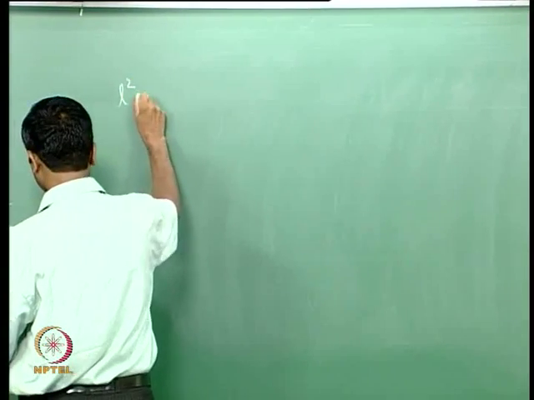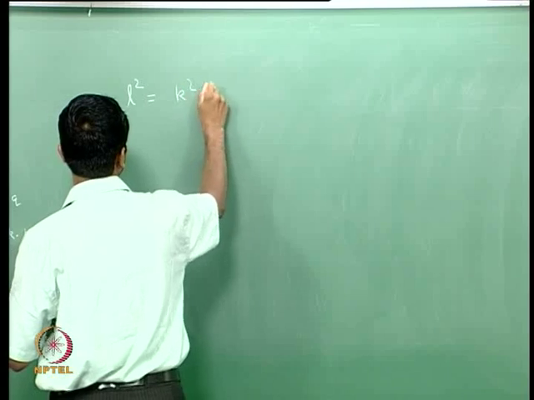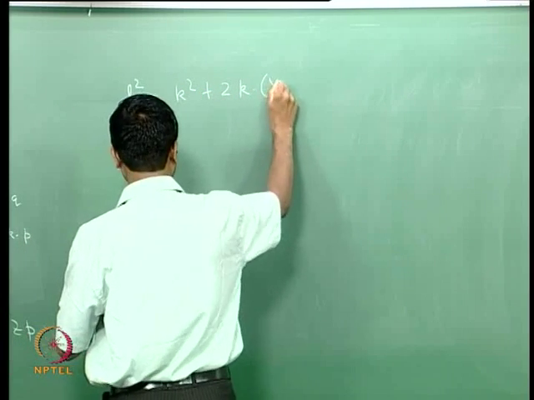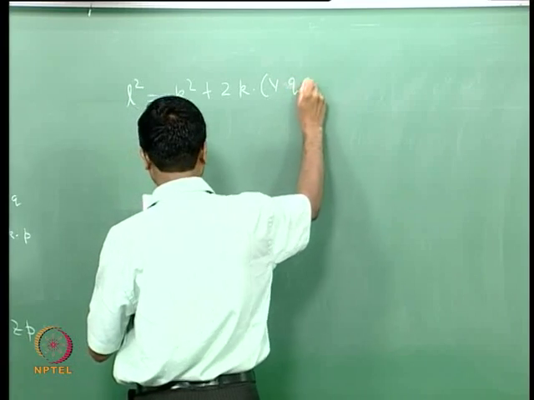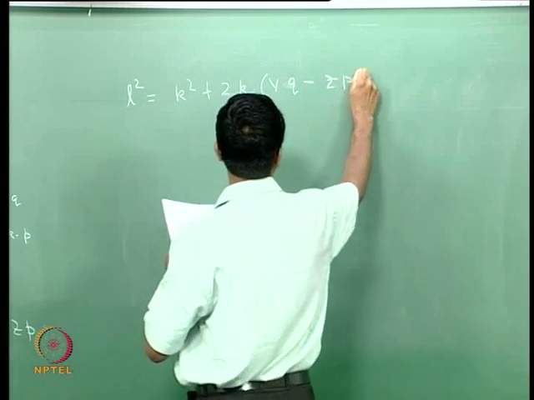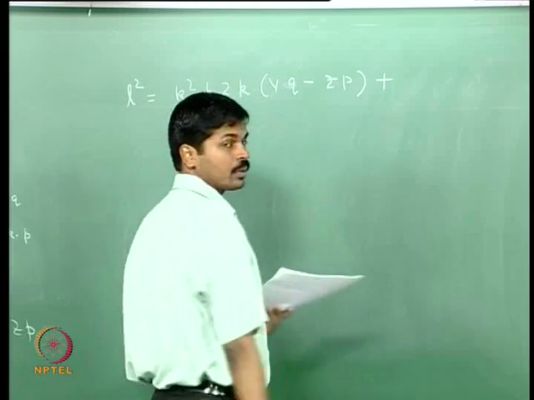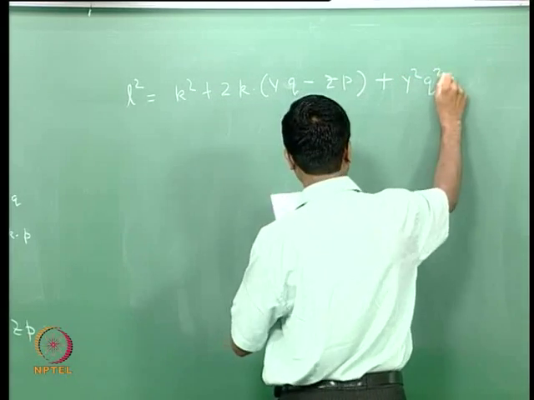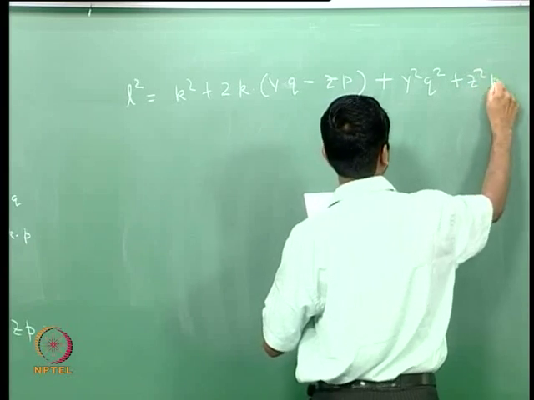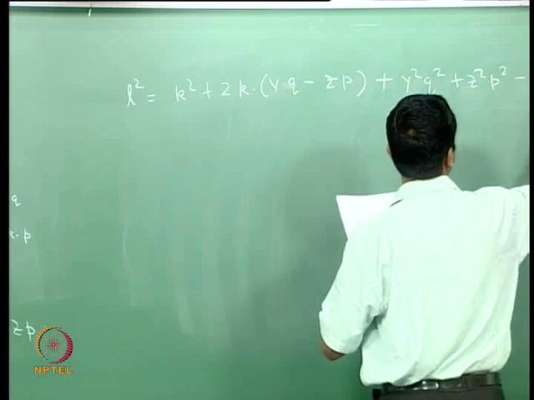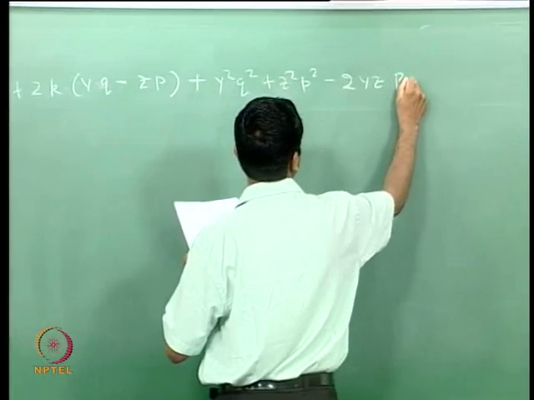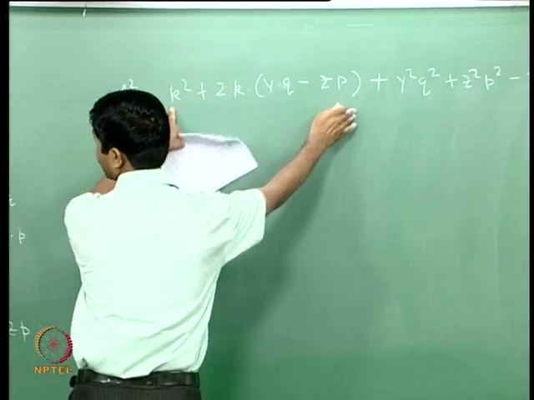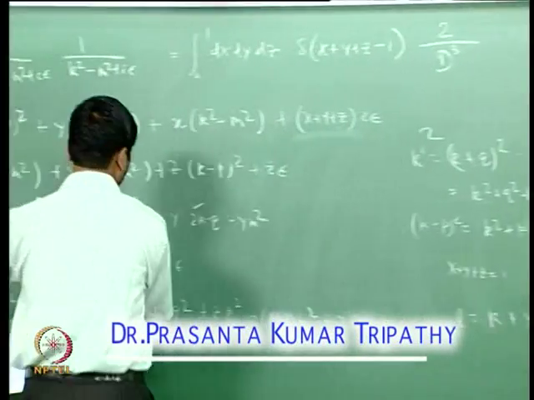L square is k square plus twice k dot y q minus z p plus the square of this quantity, which is y square q square plus z square p square minus twice y z p dot q. So, this quantity already appears here.